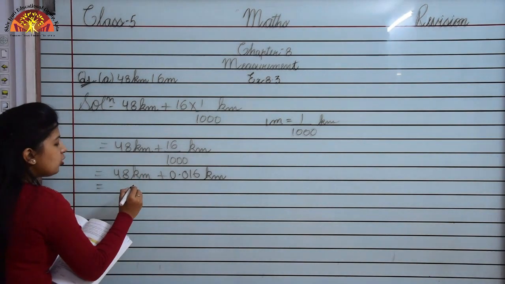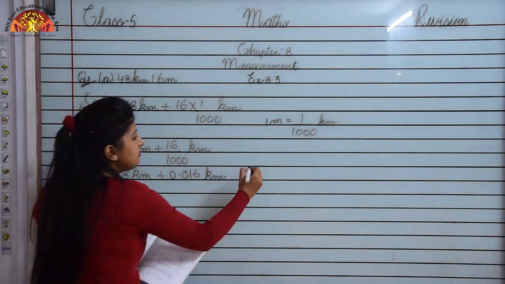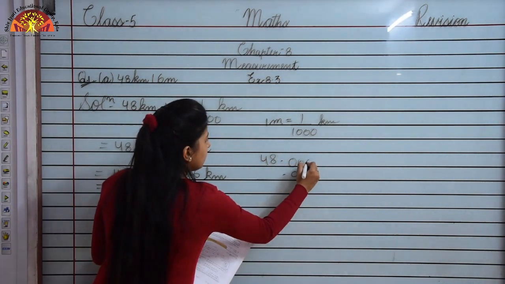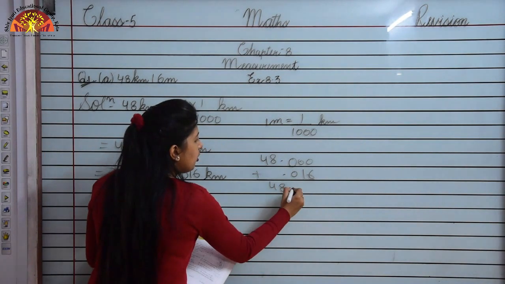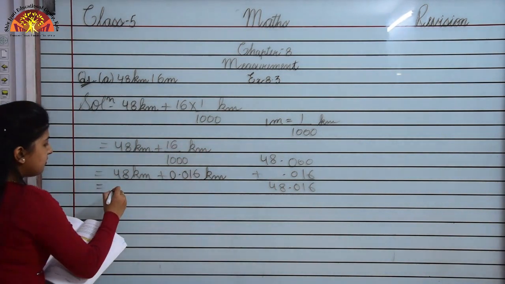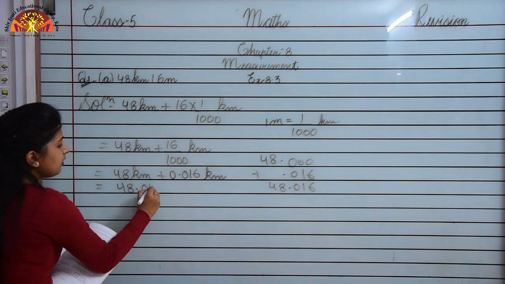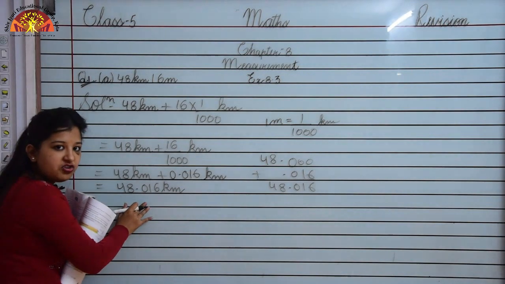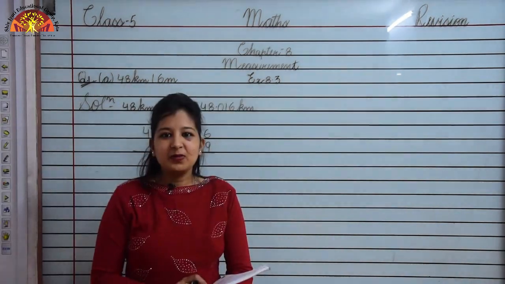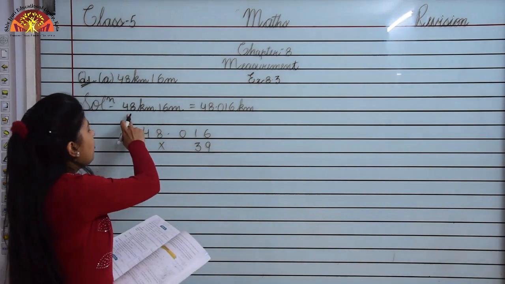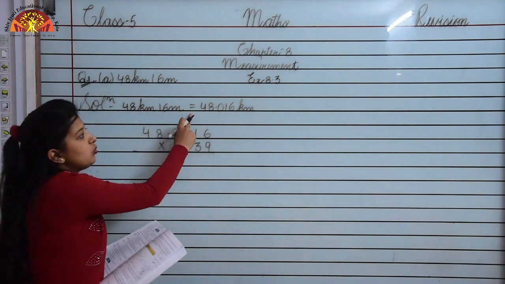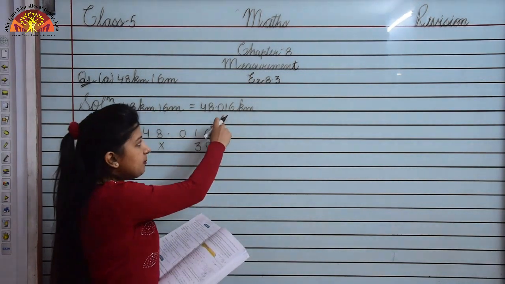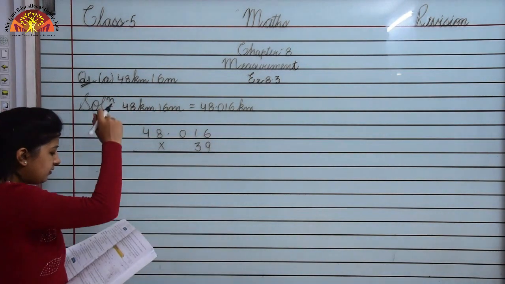So 48 plus 0.016 kilometer equals 48.016 kilometer. Now students, we have to multiply this measurement by 39. So students, 48 kilometer 16 meter equals 48.016 kilometer. Now we will multiply the given measurement by 39.